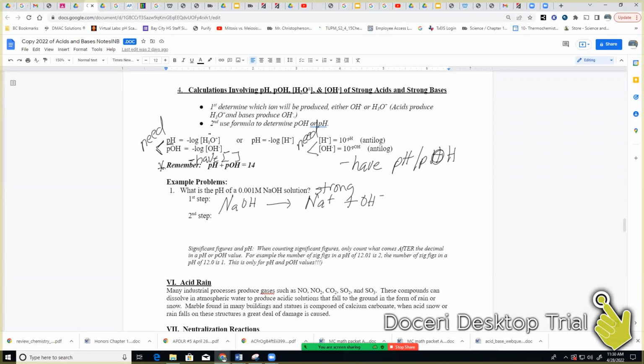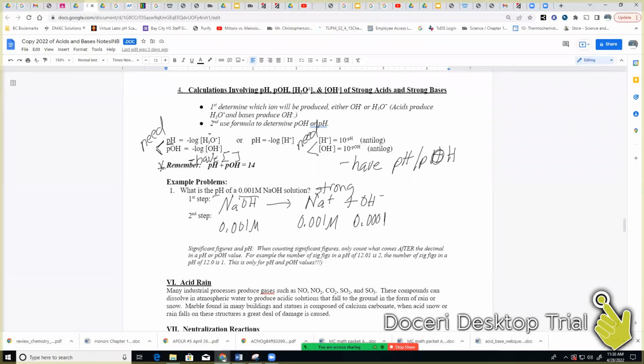In this case, it's sodium and hydroxide, and it's on a 1:1:1 mole ratio. Everything is just 1 mole. So if this is 0.001 molar, because they ionize 100%, so are these. We've done that now in a couple of different units.